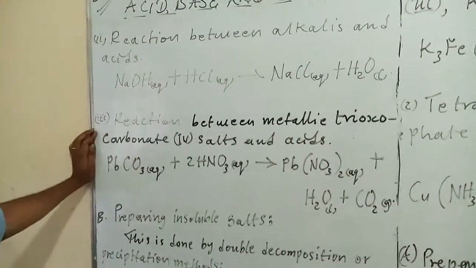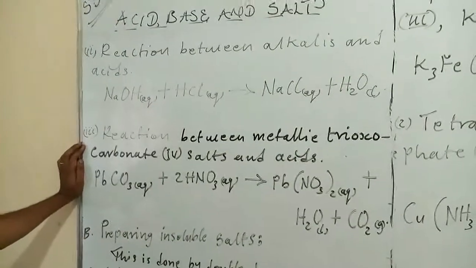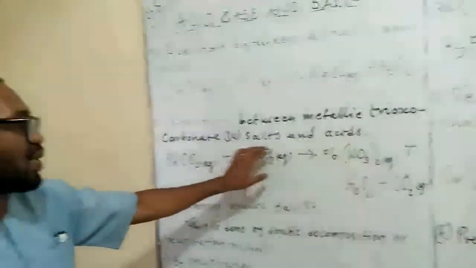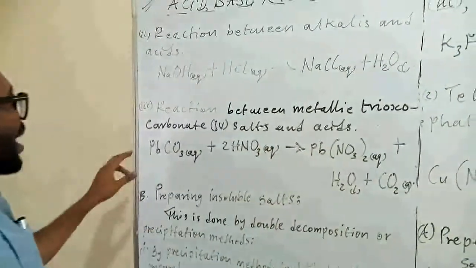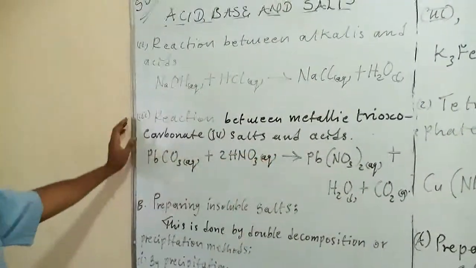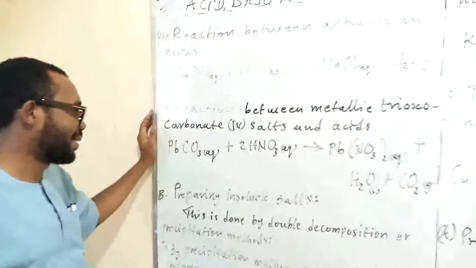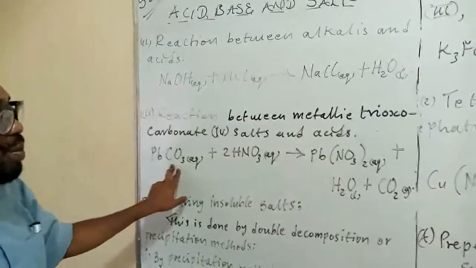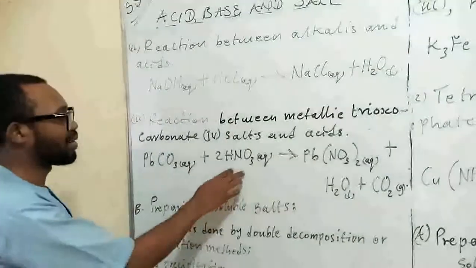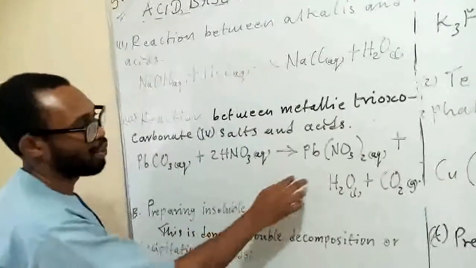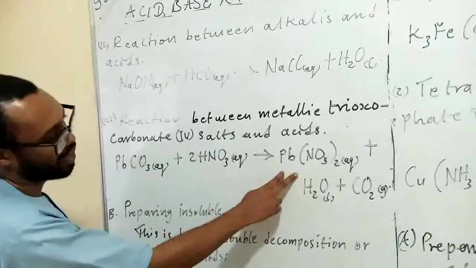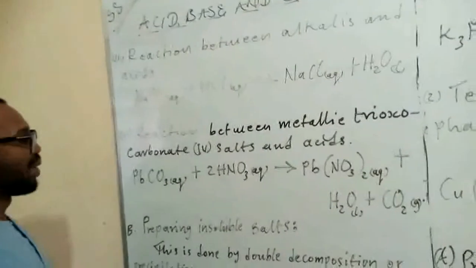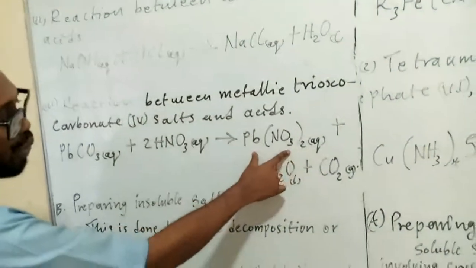Then the third method of preparing a soluble salt is reaction between metallic carbonate salts and acid. We have lead carbonate on the board. If it reacts with nitric acid, it will produce lead nitrate with water and carbon dioxide.